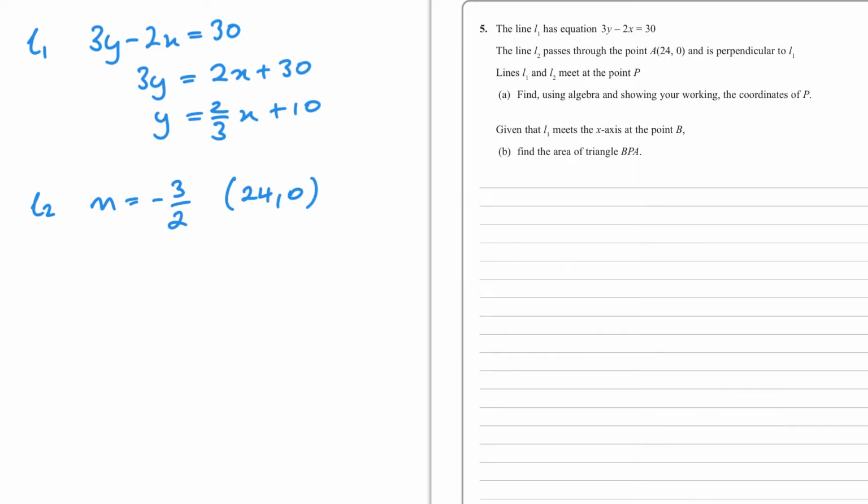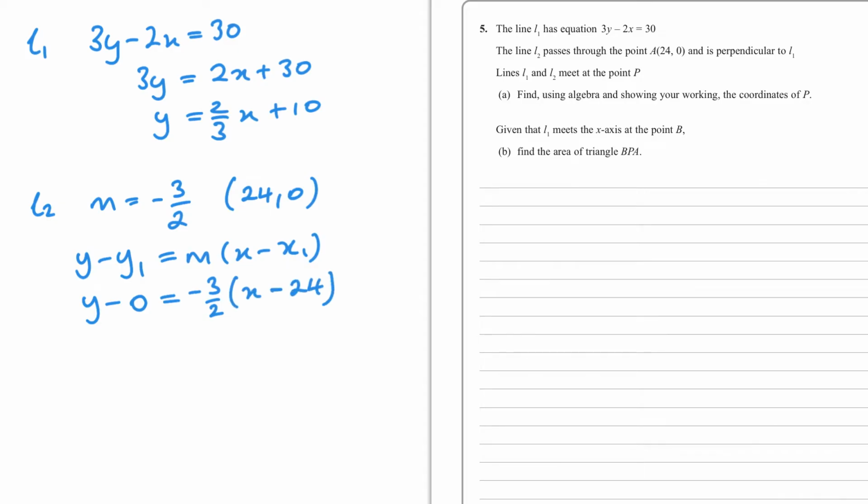This means I can work out the equation of this line. So y minus y1 equals m(x minus x1). So y minus 0 is -3/2 (x minus 24). Now we would often multiply by the 2 on the bottom here and end up with an equation like the top one, my preferred form.